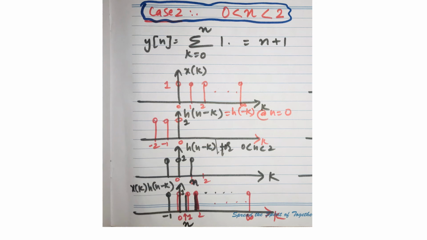So now you see, in this product x of k and h of n minus k, only the samples between the range 0 to n will overlap. So the product will be 1 between 0 to n, which can be simplified as n plus 1.